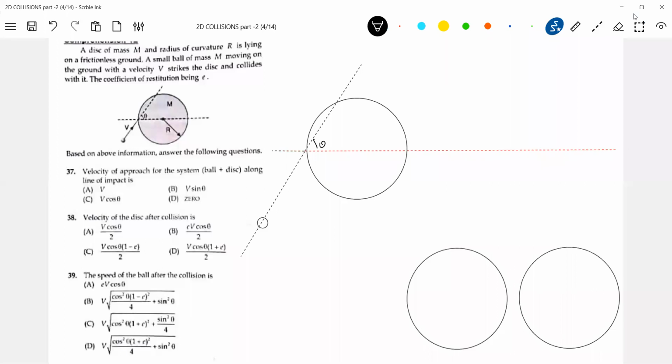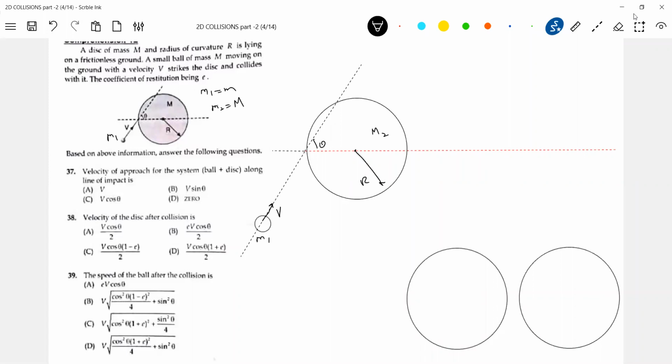Show it like this, it will be easy for you to write the equation. So it is approaching with a velocity v. This I'll call m1. I'm changing the symbol. There's a radius r.